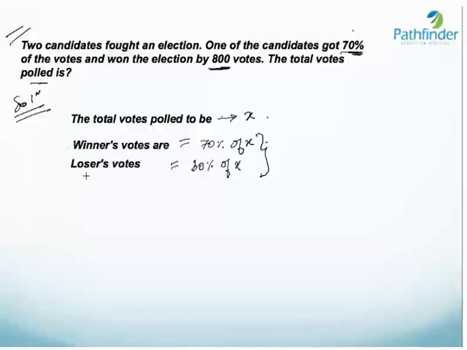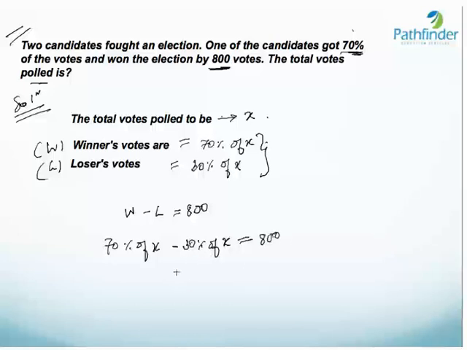The winner wins the election by 800 votes. That means the difference between the winner's votes and the loser's votes must be equal to 800. So our basic equation that we should write must be winner's votes minus the loser's vote is equal to 800, which means 70% of x minus 30% of x must be equal to 800.